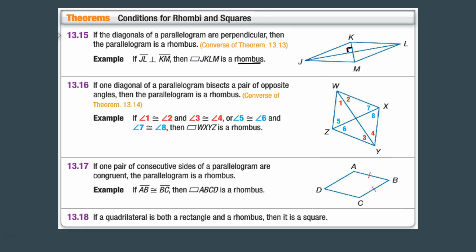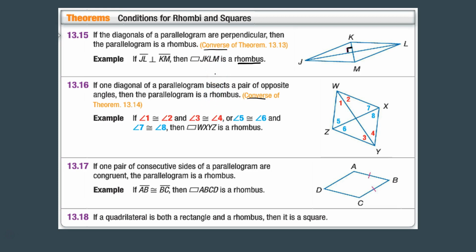If one diagonal of a parallelogram bisects a pair of opposite angles, then the parallelogram is a rhombus. Notice it says here the converse in both of these. When it's saying the converse, it's like the flip version.